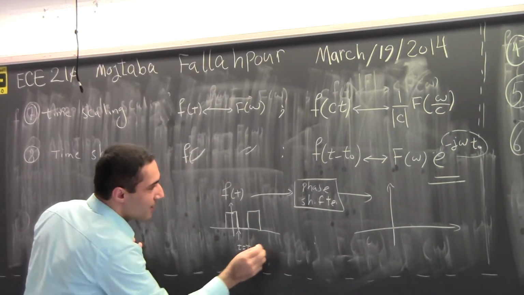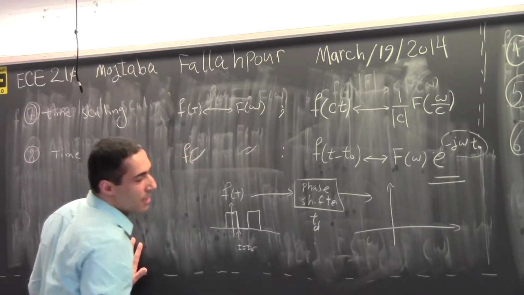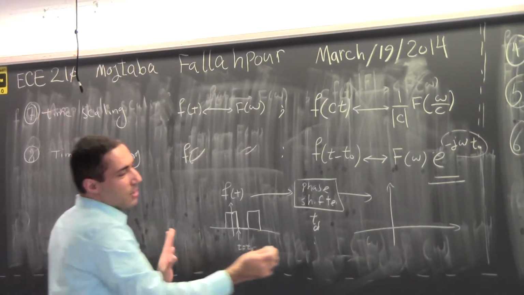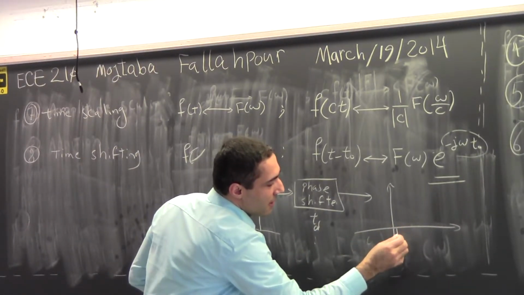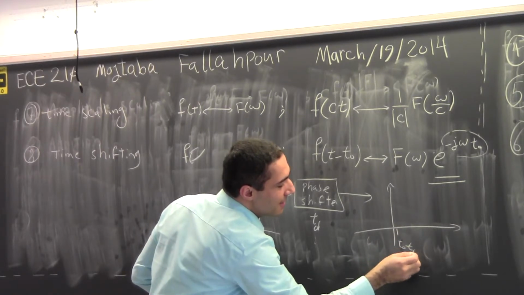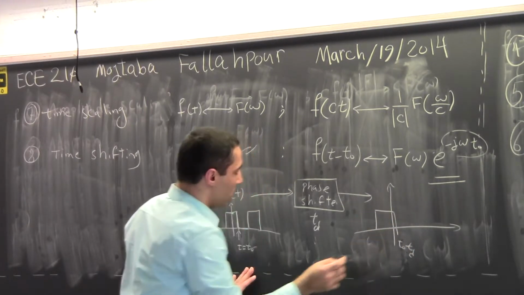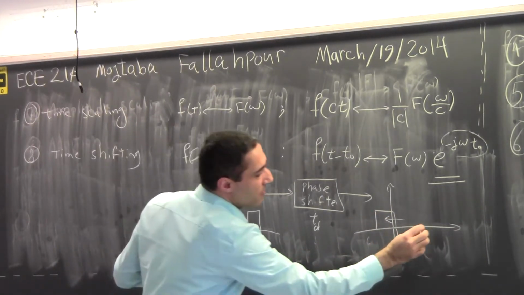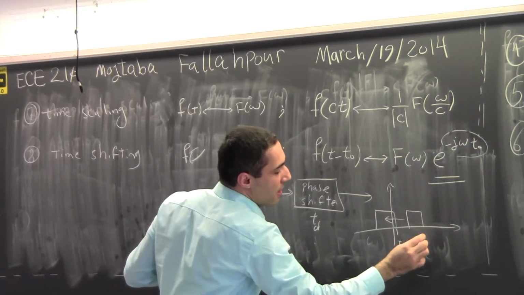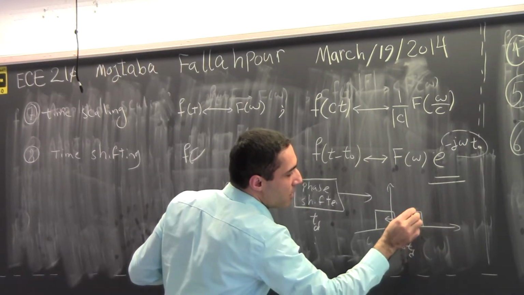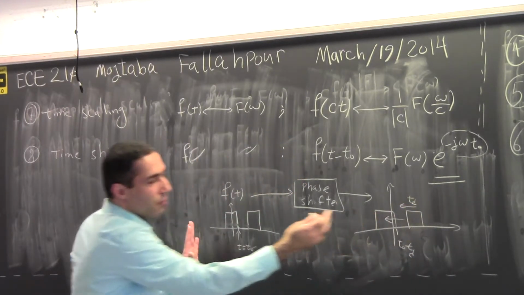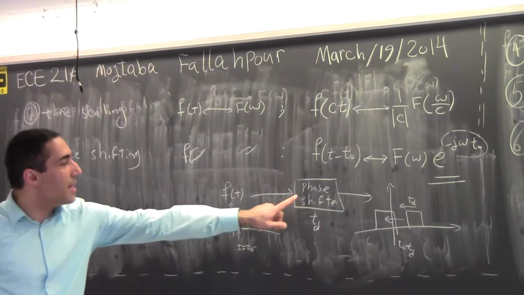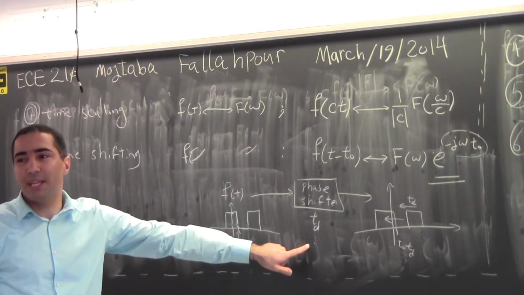Let's call this t0 and the delay td for now. Then this is delayed to t0 minus td. So it moves backward compared with this. We're moving everything back by td because this phase shifter is introducing some delay to the signal.